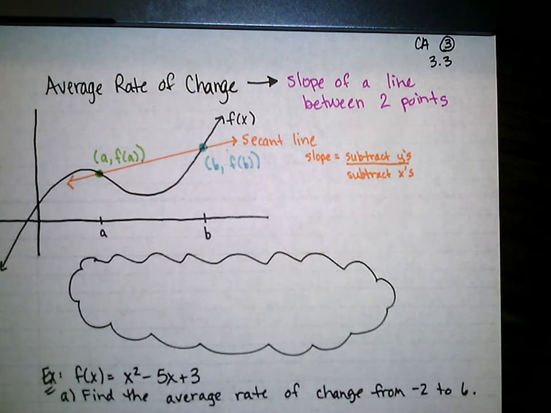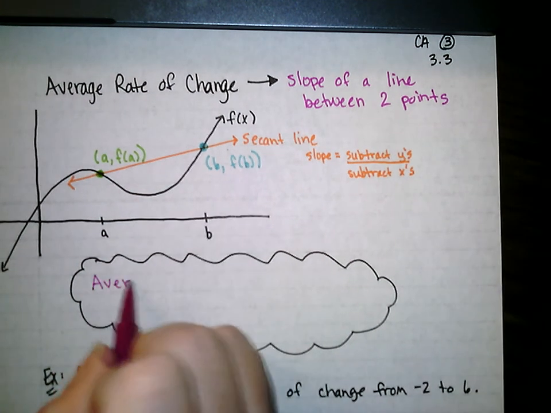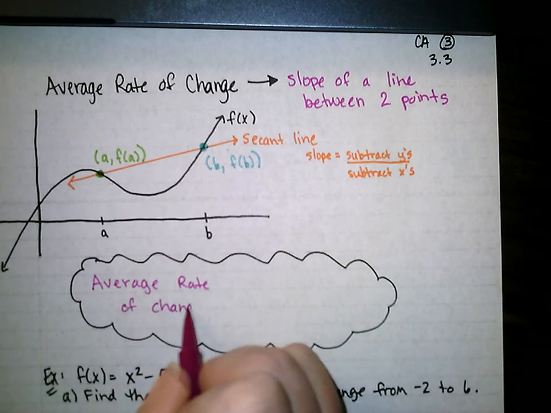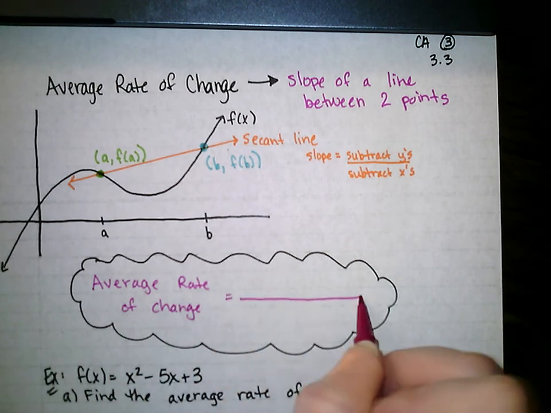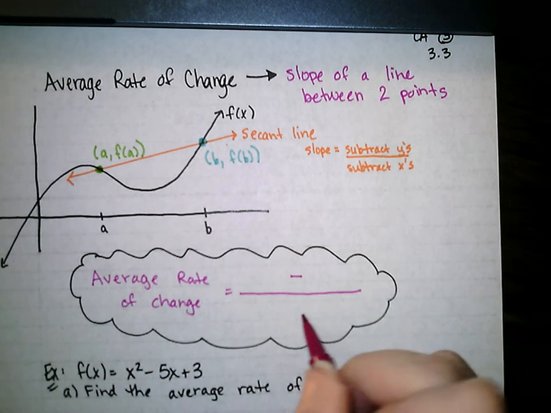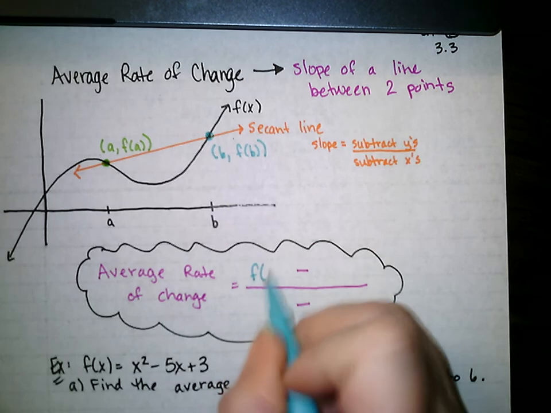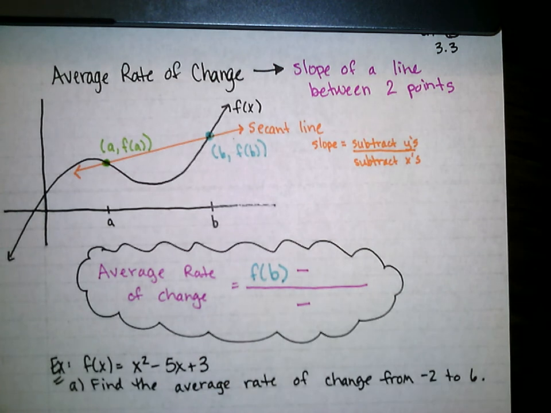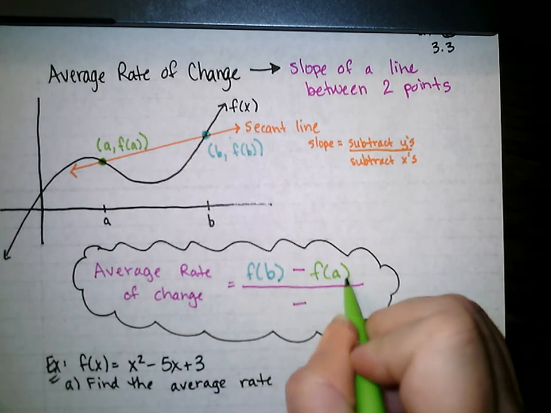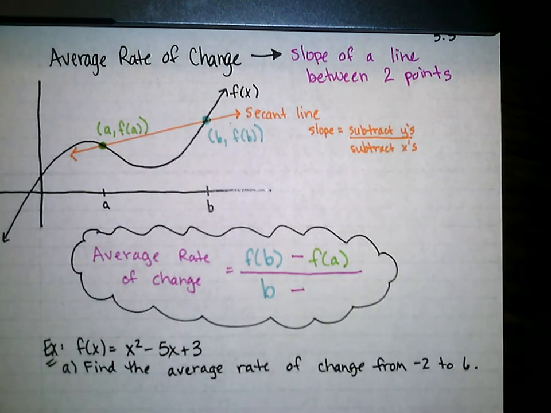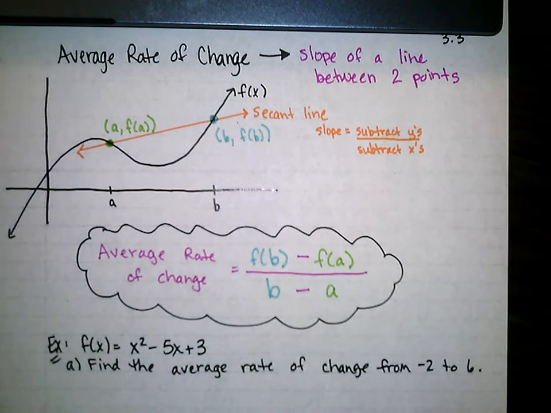So for our average rate of change, which is going to be slope, that's what we're going to use for our formula. We're going to take the y's and subtract them in the numerator, the x's and subtract them in the denominator. So our y's are going to be the y coordinate here, f of b, minus the y coordinate here, f of a. Subtracting the x's, the x coordinates were b minus a. So it's just literally still finding slope.